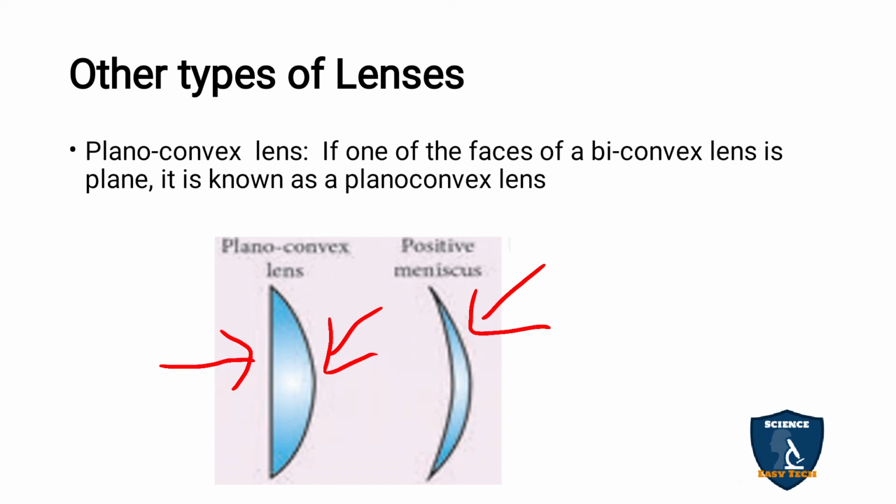It forms a thinner structure at one side, the plane side, and the other side is spherical. That condition is called a positive meniscus.